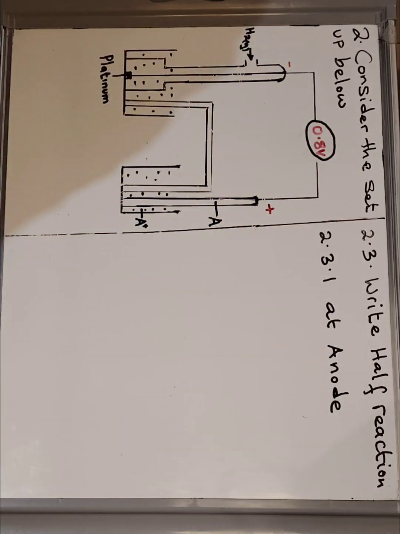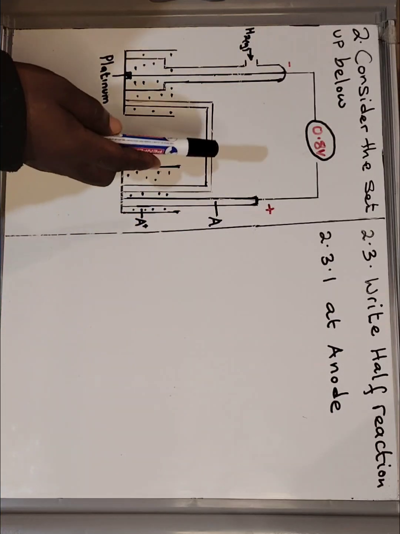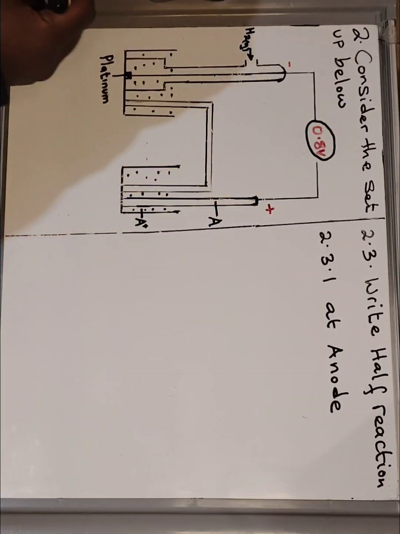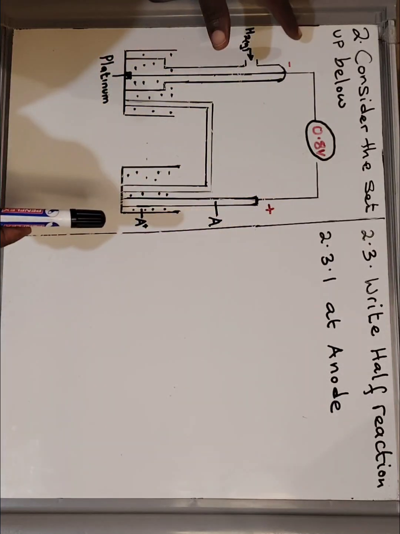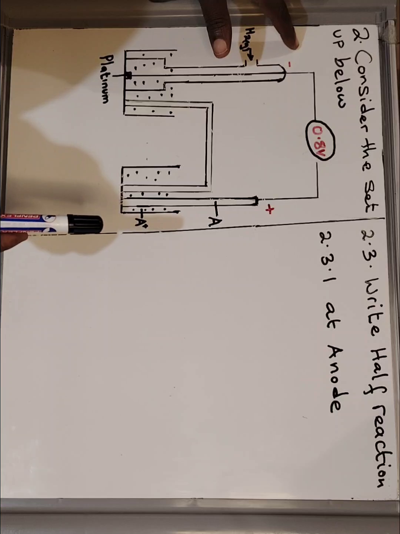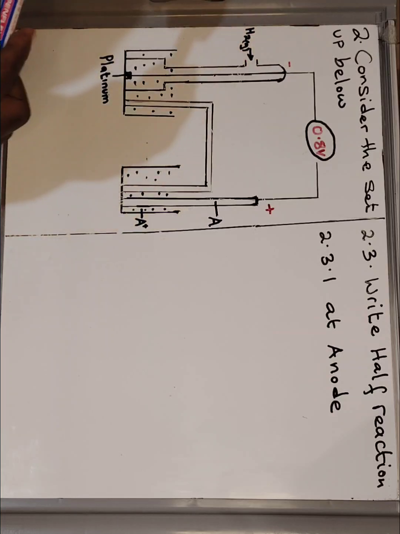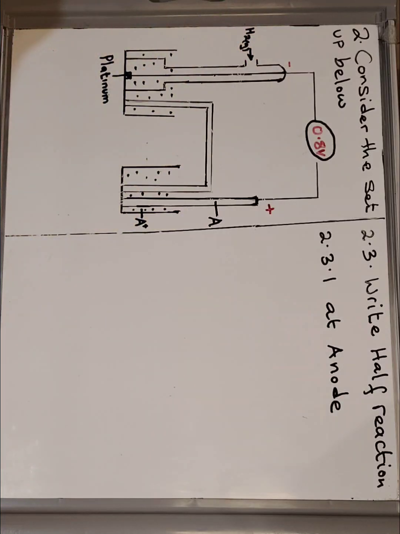We must recall that for electrolytic, the cathode is negative and the anode is positive. The opposite is the case here. In contrary, for galvanic, the positive is our cathode and the negative is our anode. So that must be noted seriously.